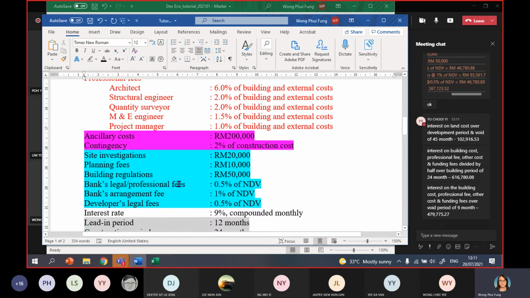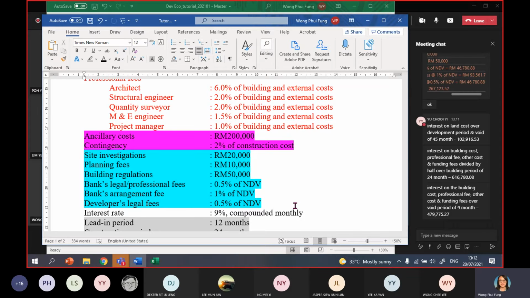So for other costs, I highlighted in blue color, which covers site investigation, planning fee, building regulation, bank legal fee, arrangement fee, and also the developer legal fee.